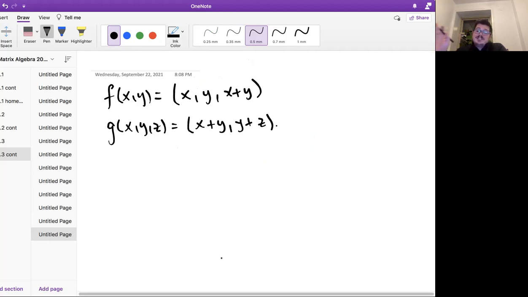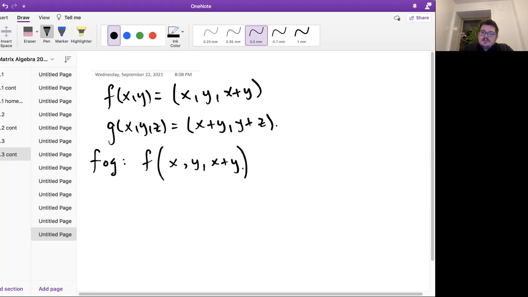So when we think about matrices, think to yourself, how do you say that in matrix terms? Does what I have here, is this composable? Let's check it. F of G would be F of x, y, x plus y. So this is okay.